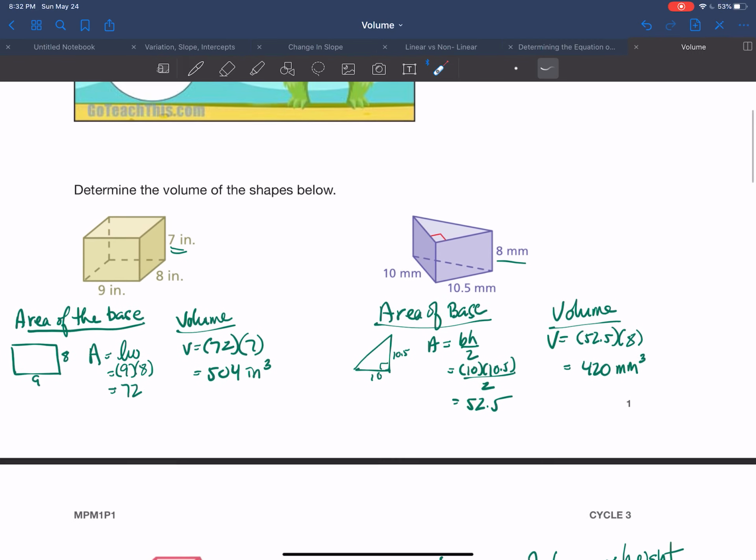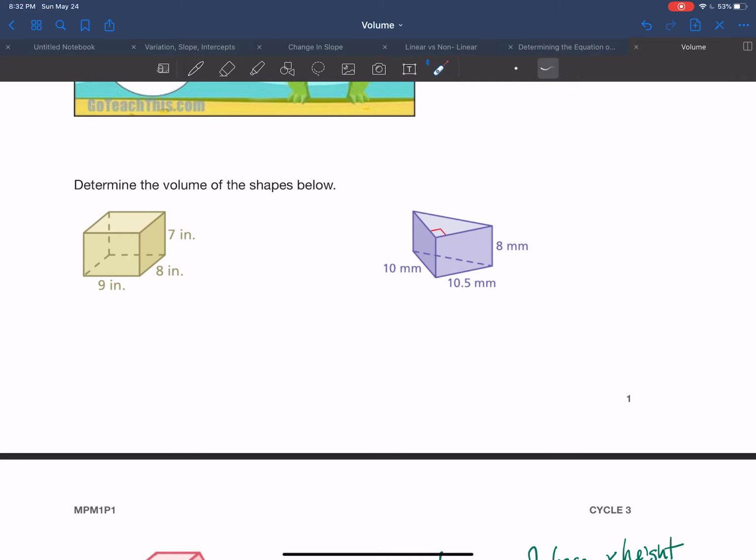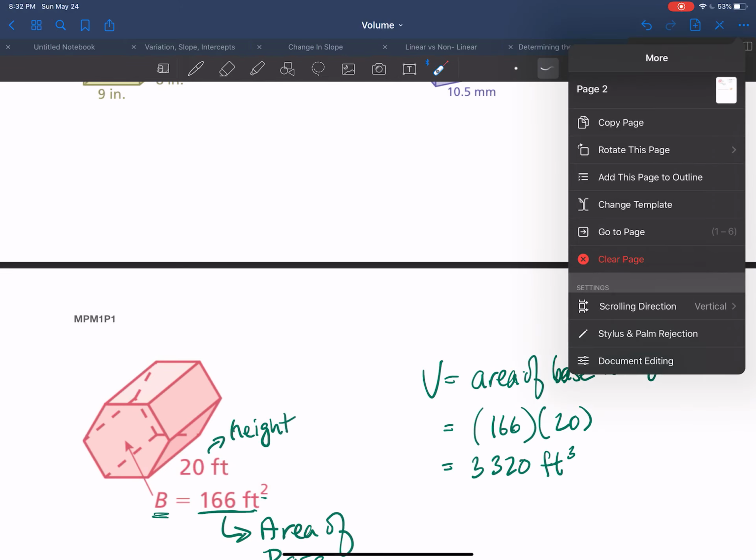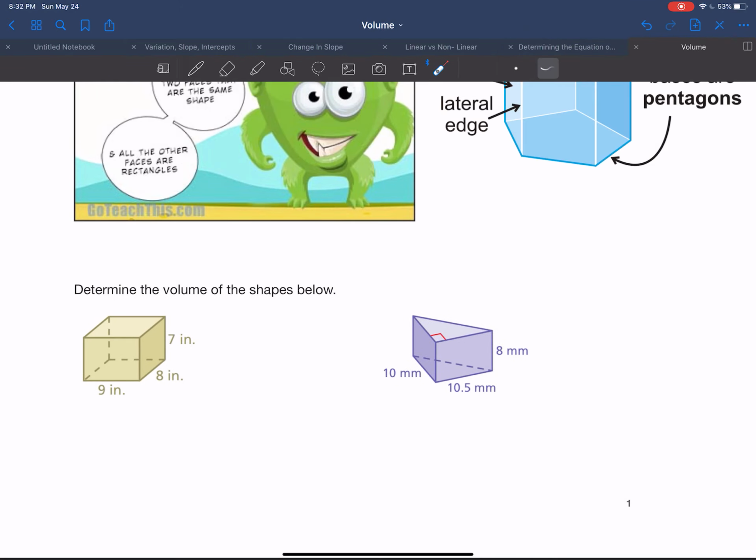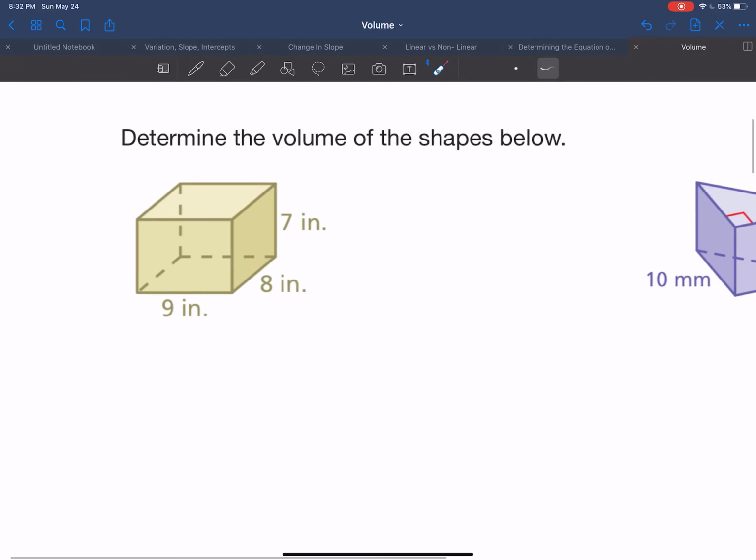So, let me do this over again. Okay, so we want to determine the volume of the shape here. So the shape of the base is a rectangle.